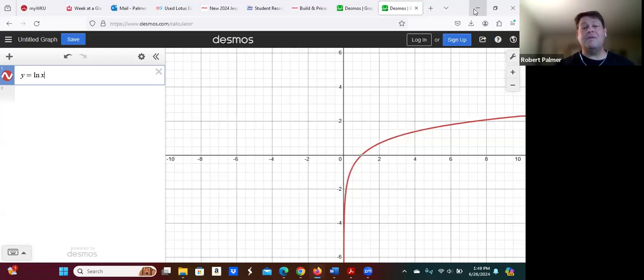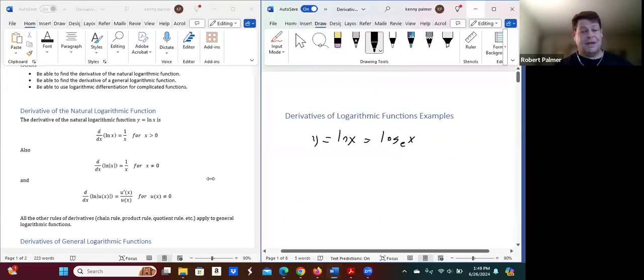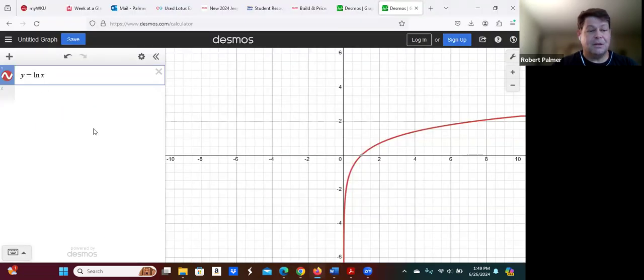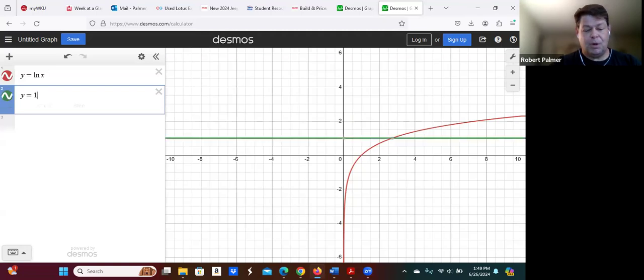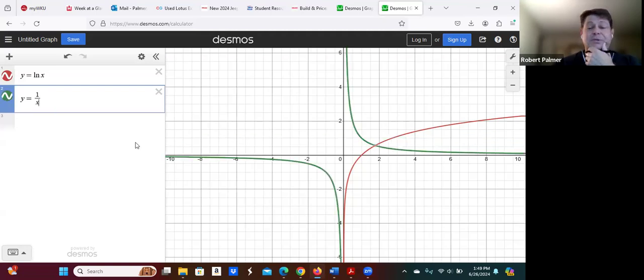Now the derivative of this is, as it says, just 1 over x. Let's look at that graph and see if that makes sense. So this time, just type y equals 1 over x. Notice this curve has two sides, but we're ignoring the left-hand side because we can't take a log of negative numbers.